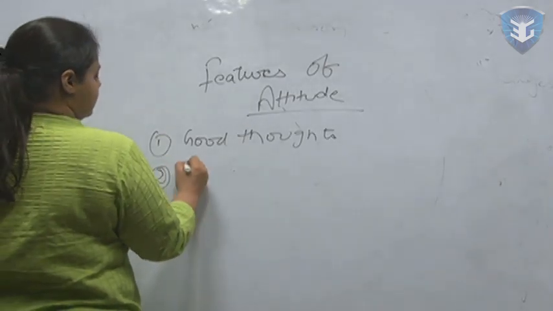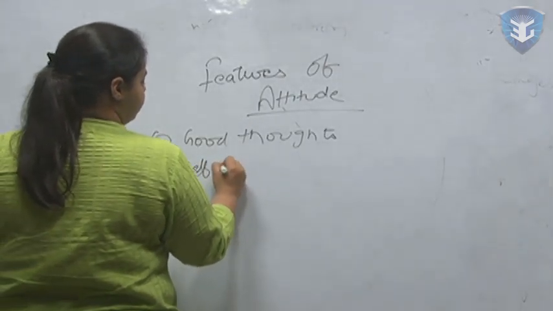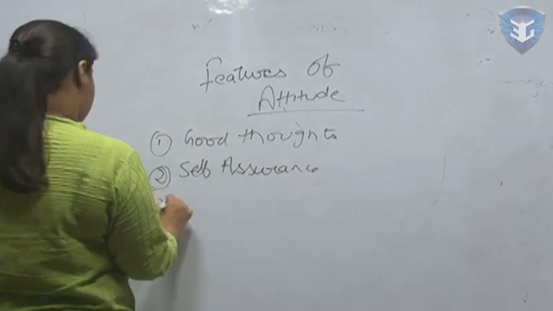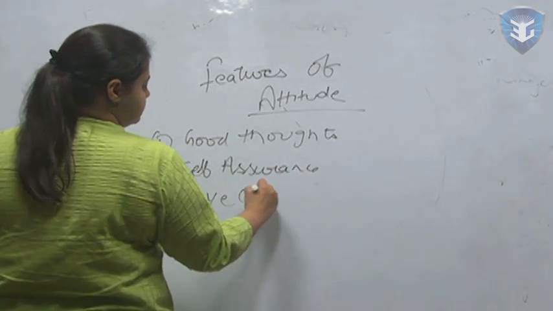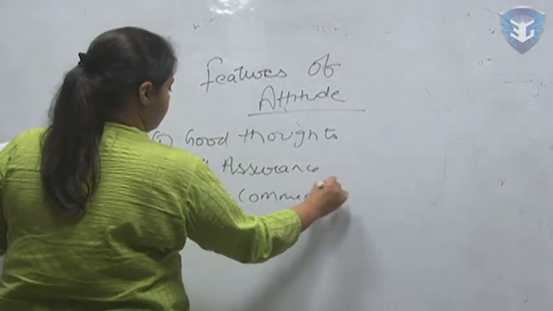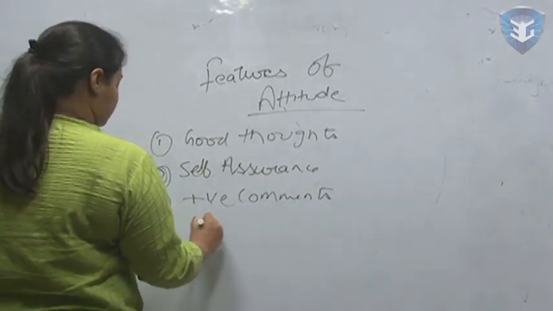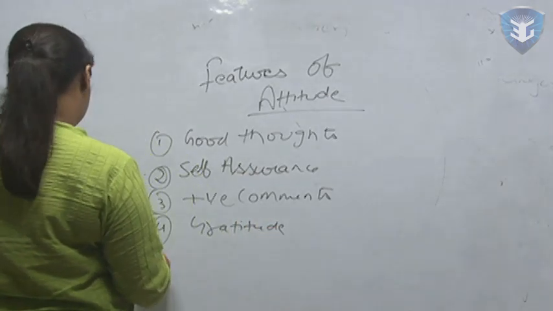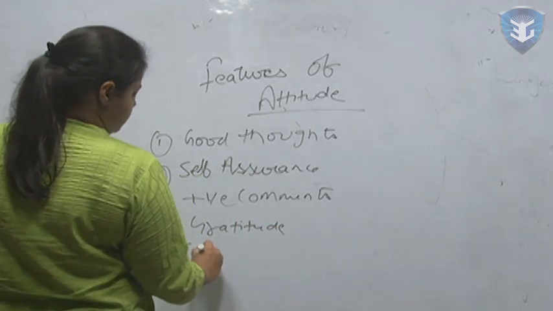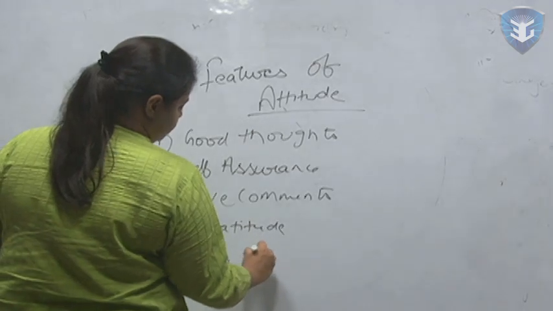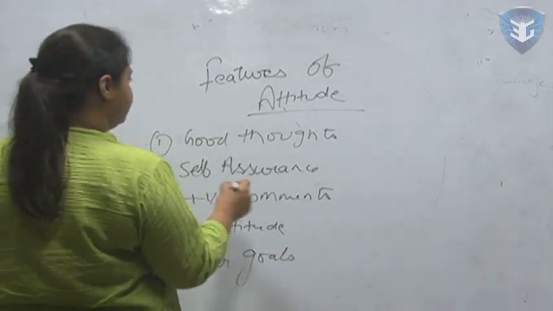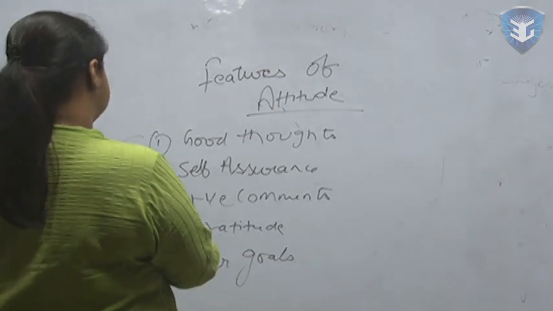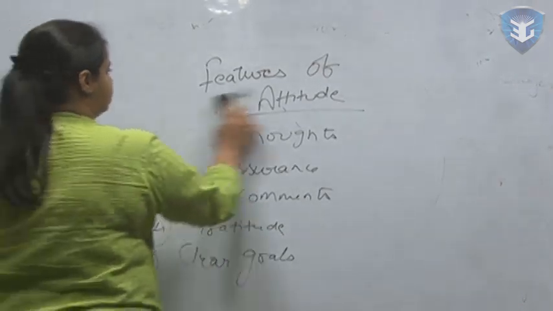Secondly, there has to be self assurance. Third, positive comments. Fourth, gratitude. And fifth, clear goals. So, these are 5 basic features through which attitude of someone regarding something can be judged.